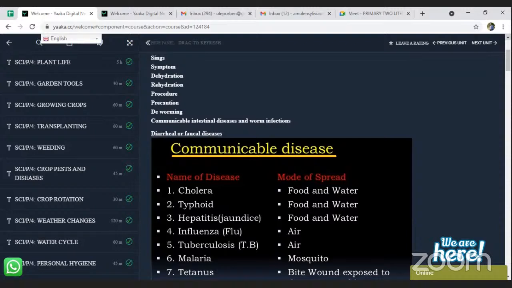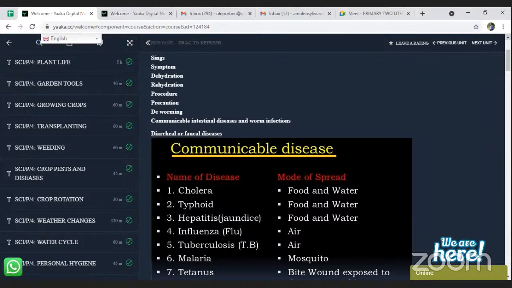Signs of diarrhea: watery stools. Symptoms of diarrhea: abdominal pain while releasing the stools, body weakness.